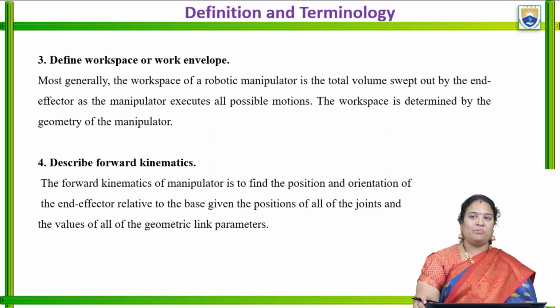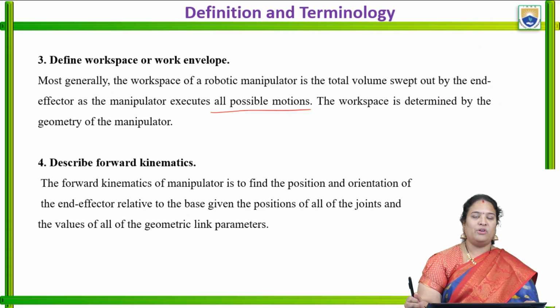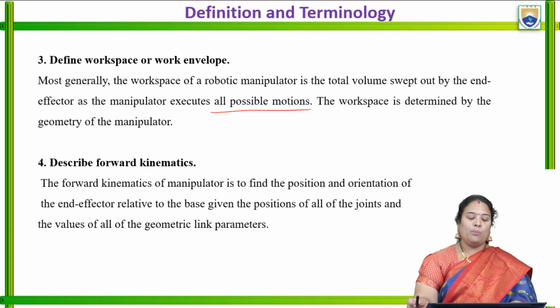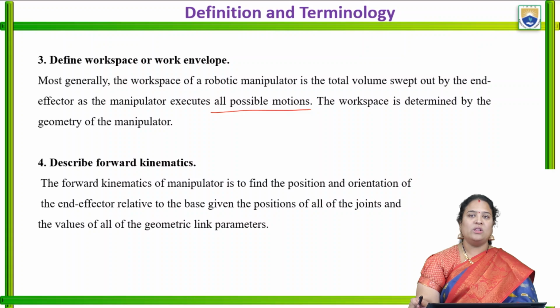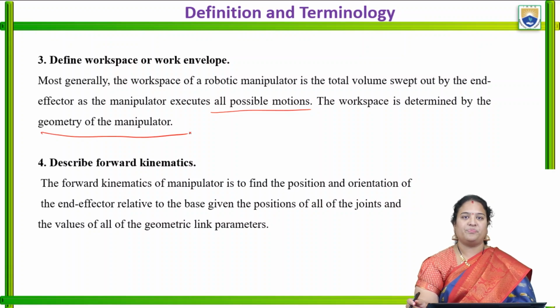The workspace of a robot manipulator is the total volume swept out by the end effector as the manipulator executes all possible motions. We also call it the work envelope. That is known as the workspace, and it is determined by the geometry of the manipulator.